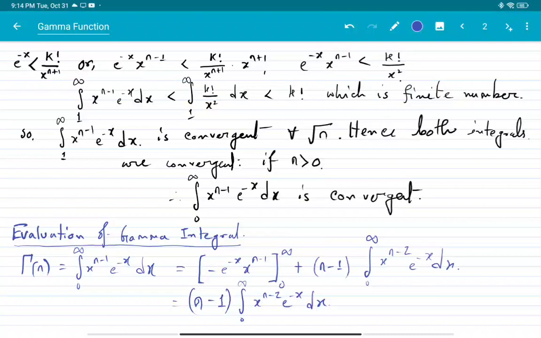Great. Now you can write that, since the limit as x tends to infinity of x to the power n minus 1 by e to the power x is 0.